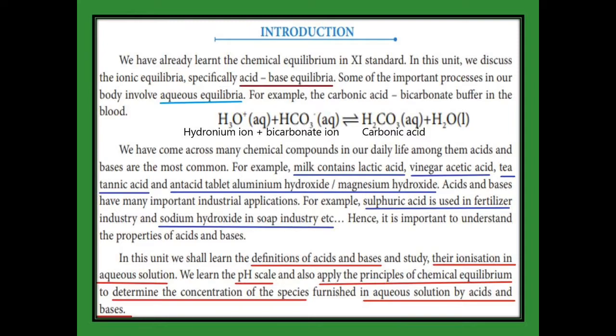We will see the definition of pH, and when we use the principle of chemical equilibrium, only then can we determine the concentration of species present in the aqueous solution, produced by acids and bases.